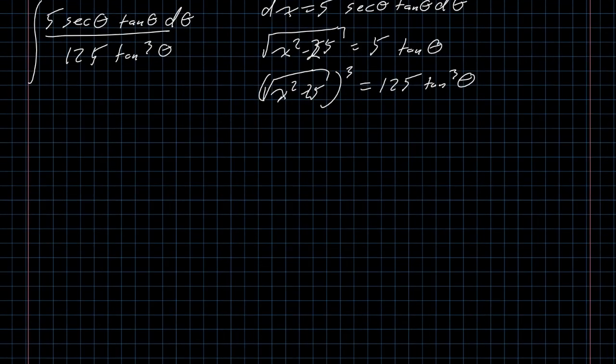Although I don't quite see where it's going to go from there. I've got secant theta d theta over 25 tangent squared theta. That falls outside of all of the rules that I know.